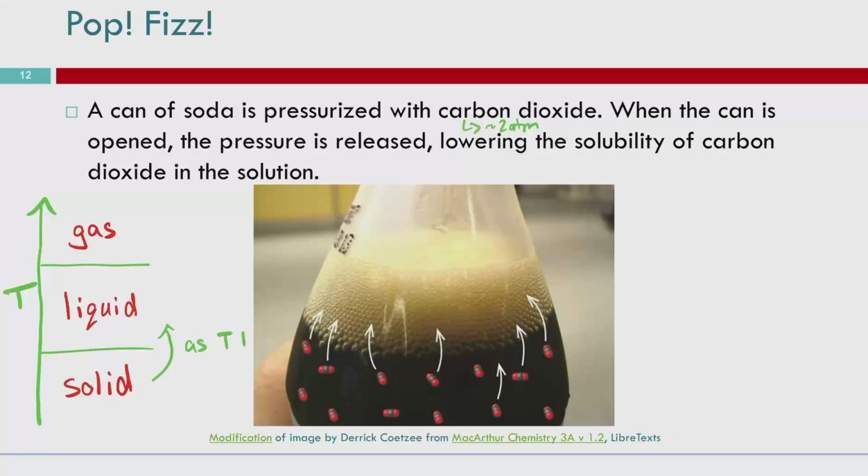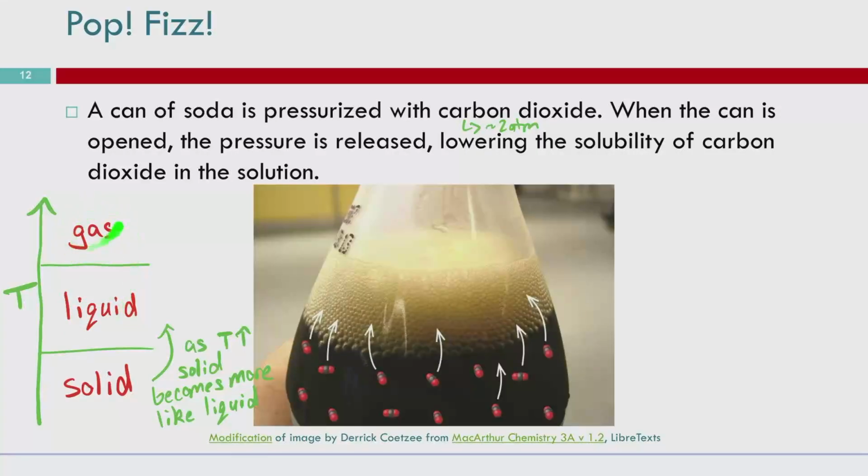So as temperature increases, a solid becomes more like a liquid. As the temperature increases, the solubility of solids also increases because it's becoming more like a liquid.